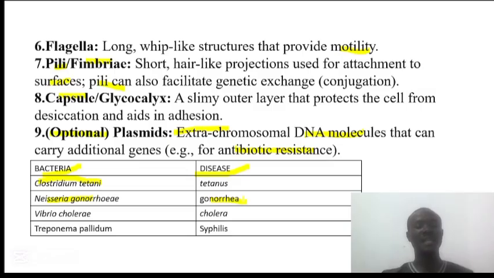Clostridium tetani causes what we call tetanus. Vibrio cholerae causes what we call cholera. Treponema pallidum causes what we call syphilis. Know these bacteria and know the diseases that they cause, and don't forget their spellings.